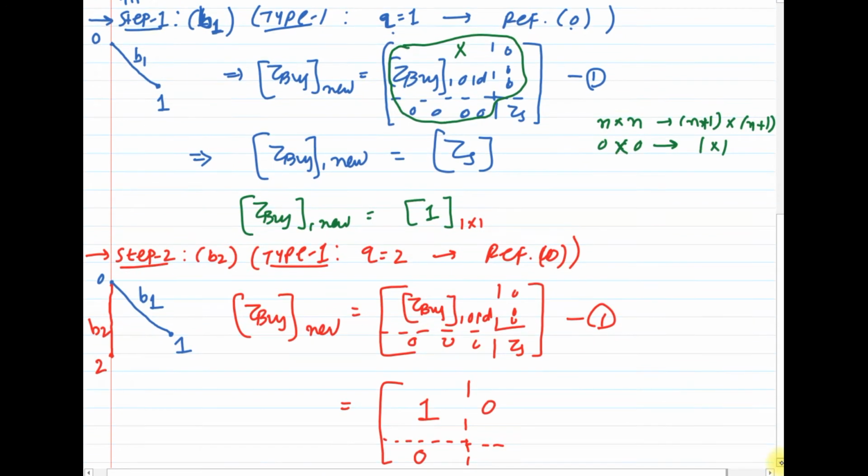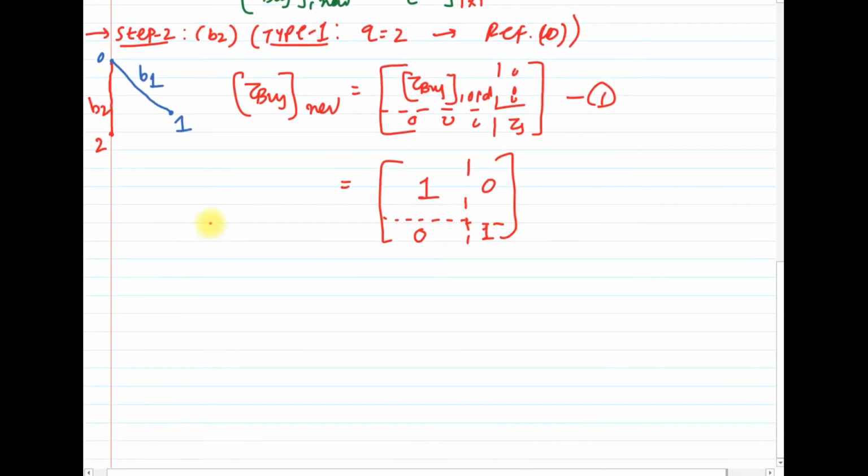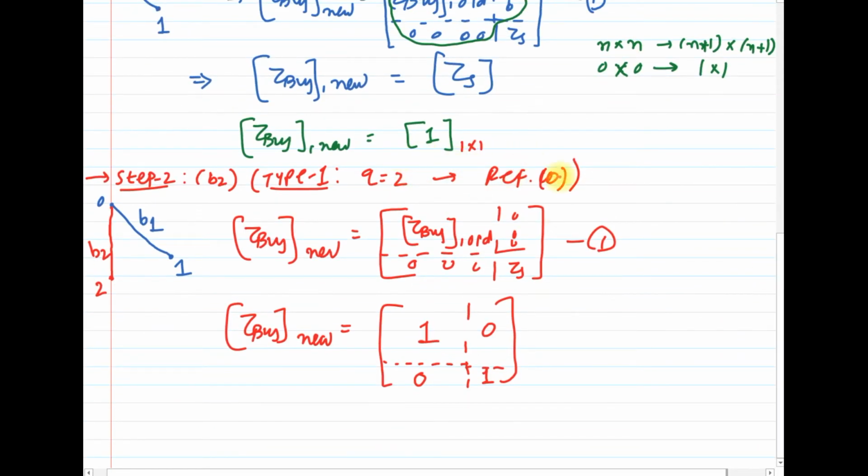So here we consider ZS is equal to 1. The final answer for this modification in step 2, the addition of B2 from new bus Q to the reference bus, is Z bus new equal to the matrix 1 0, 0 1. Previously the size of the Z bus matrix was 1 cross 1.